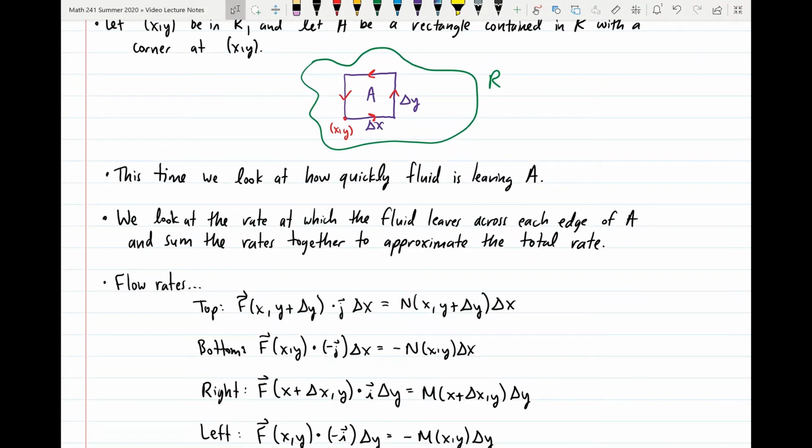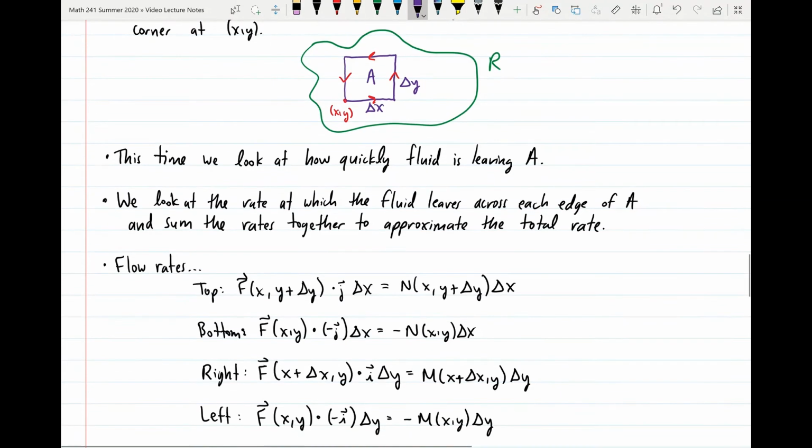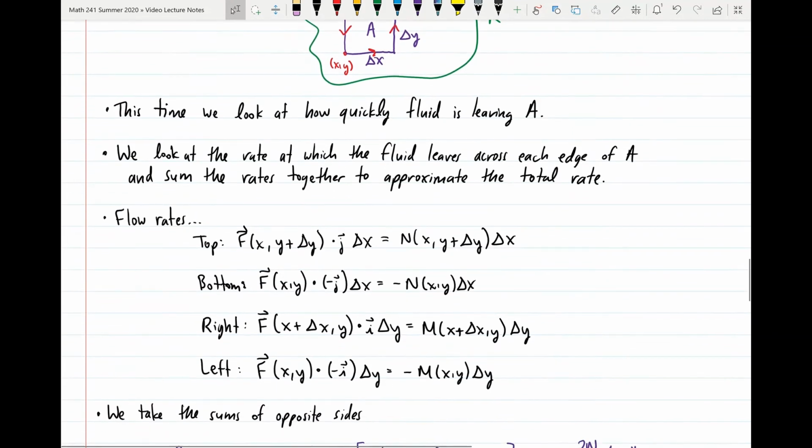So we look at the rate at which the fluid leaves across each of the edges of A, and then just like we did for circulation density, we can sum all of these rates together to approximate the total net rate that fluid is leaving the region A across the boundary of A.